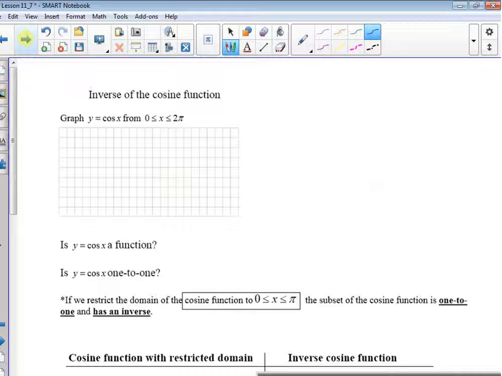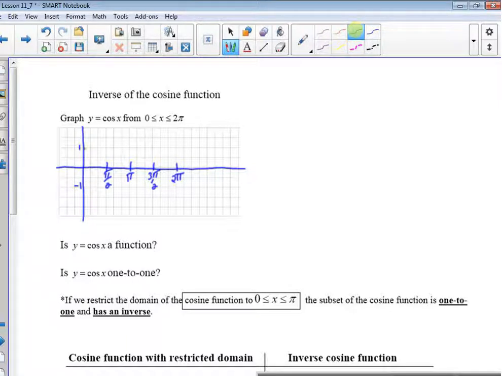On the next page, we're going to be talking about cosine. So if we look at cosine from 0 to 2 pi, okay, so here we go.